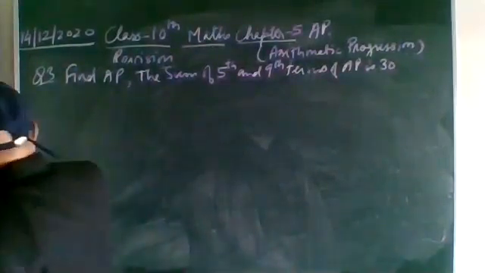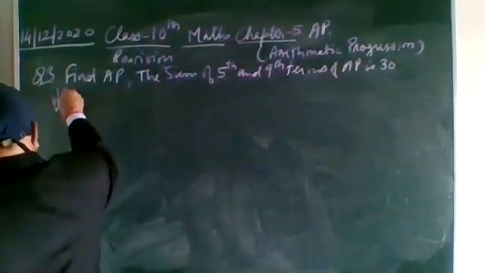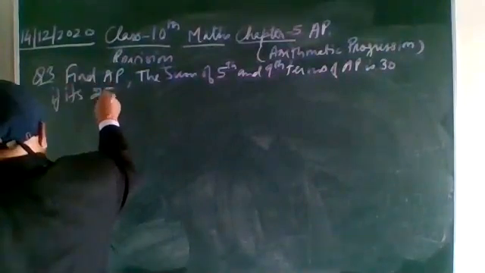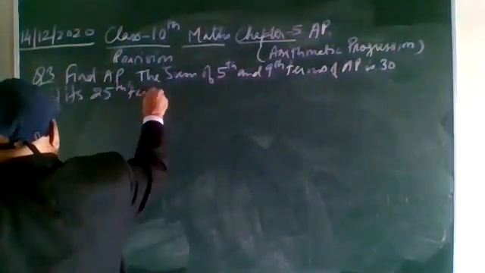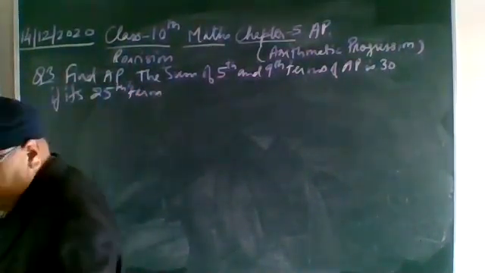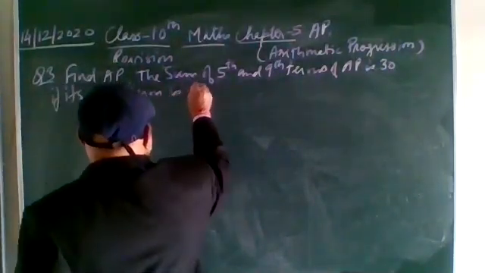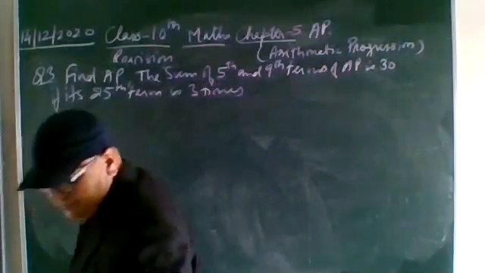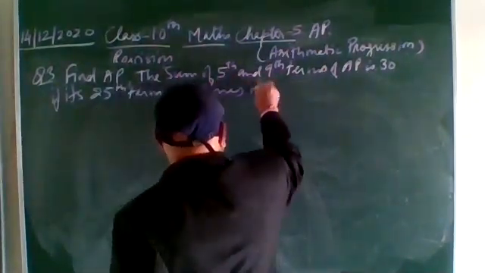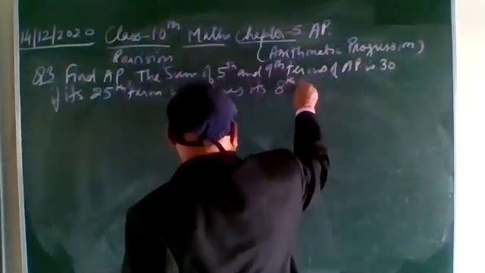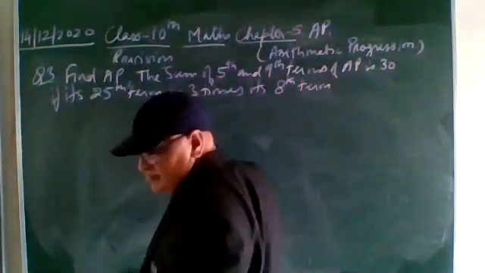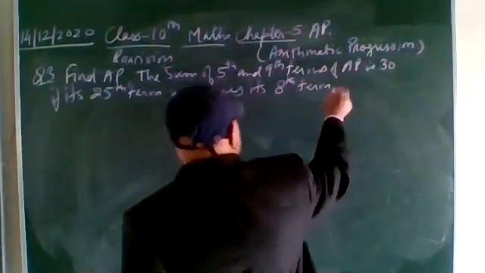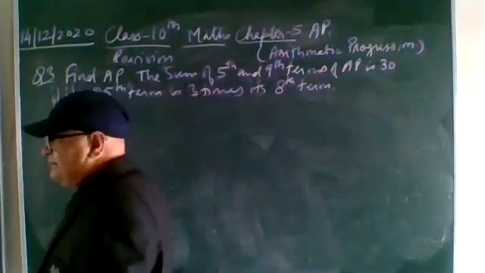If its 25th term is 3 times its 8th term, find the AP. We have written this.